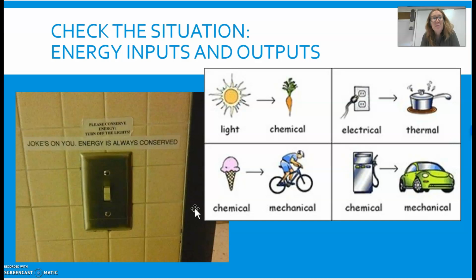The point is that we're using electrical energy that's in the wires and transforming it into light energy, and having the lights on when they don't need to be on is making a waste. And where did the energy for the electricity come from? Well, it came from the power plant.